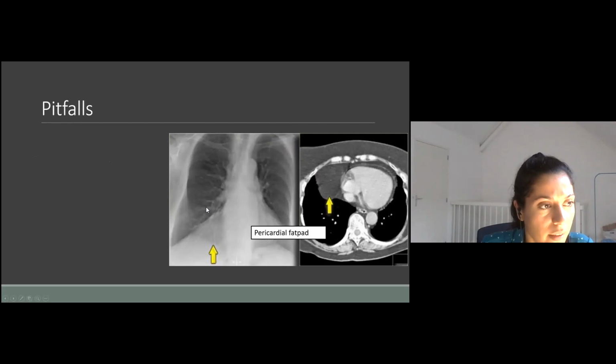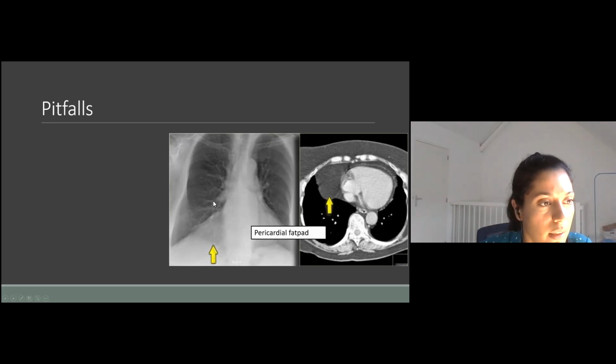And you might think that this is caused by a tumor, maybe a consolidation based on an infiltration, or maybe atelectasis. But if you have a CT of the same patient, you might see that there is fatty tissue in that same area. So this is a patient just with an overload of pericardial fatty tissue. So this is a normal variant, and this is not a pathology.